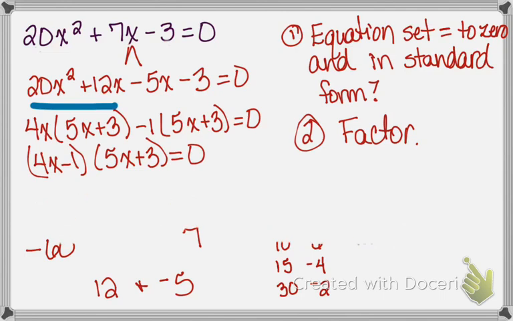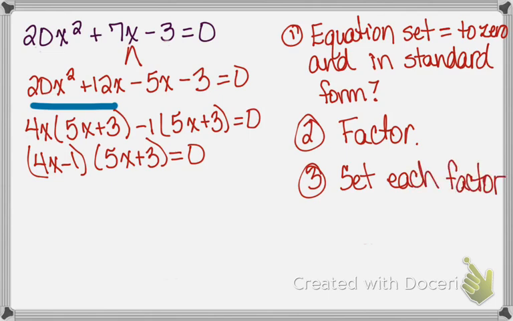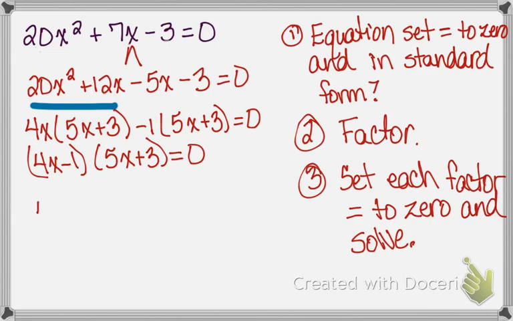My next step, I set each factor equal to 0 and solve. So I have 4x minus 1 equals 0, and 5x plus 3 equals 0.